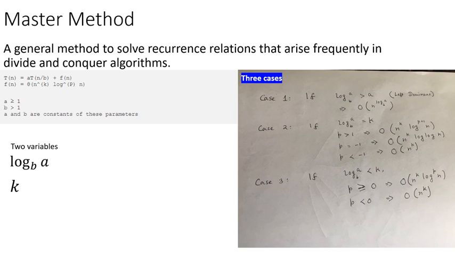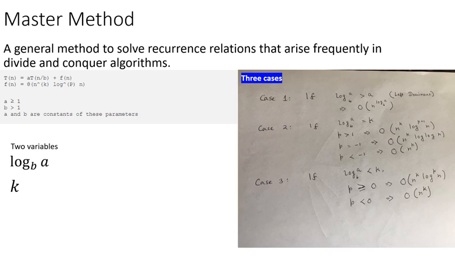We should focus within the realm of the master method on two variables, log base b of a and k. So k, you can see from the equation above, for T(n) and f(n), you can see b and a and k.